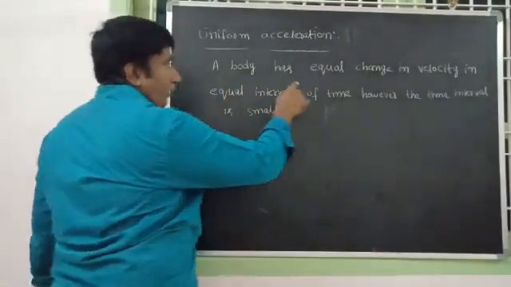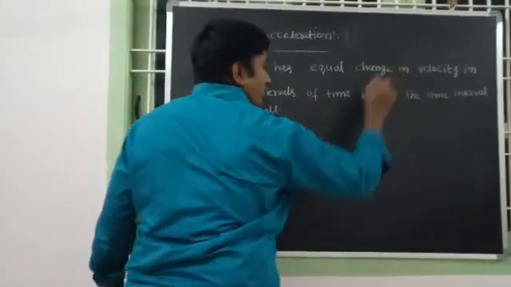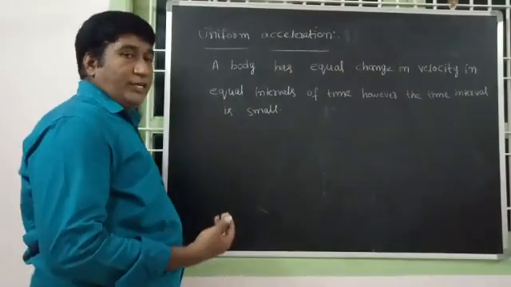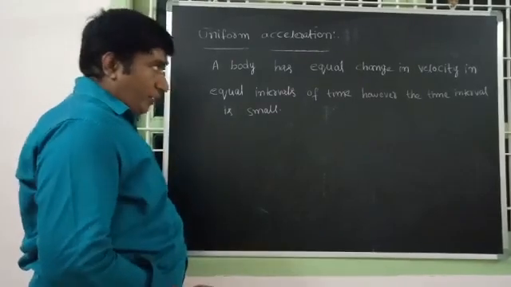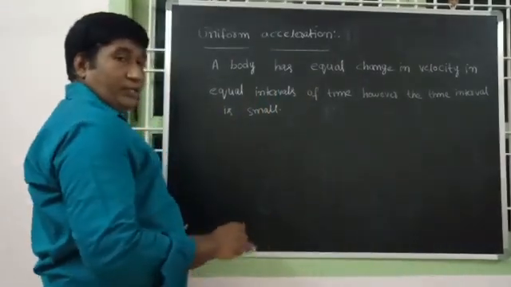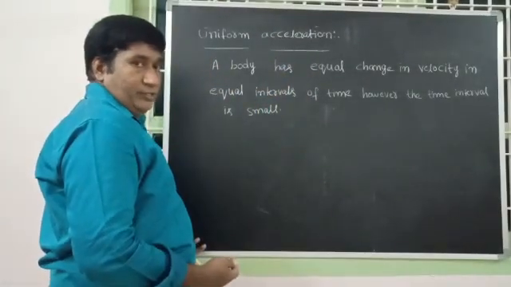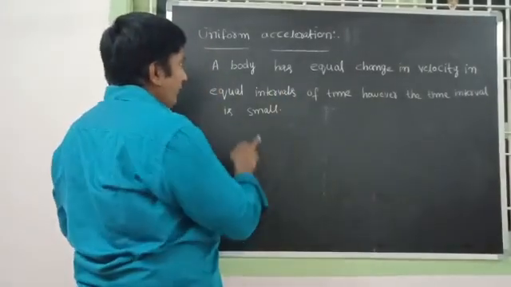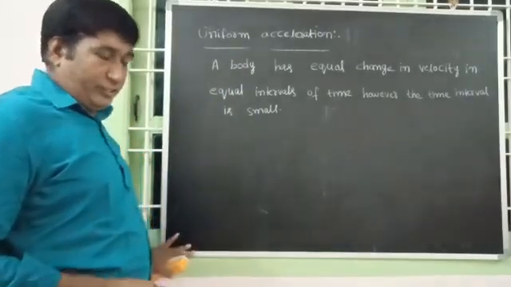A body has equal change in velocity in equal intervals of time. Here, change in velocity is considered. Velocity is a vector quantity. That velocity can change, either in the positive or in the negative direction. So with the help of this, velocity can increase or velocity can decrease in equal intervals of time. In such a case, we can say the object is in uniform acceleration.